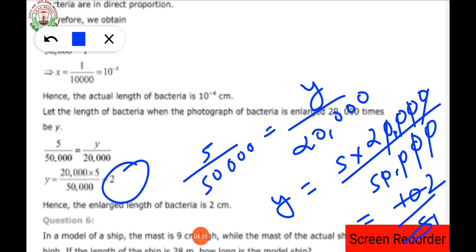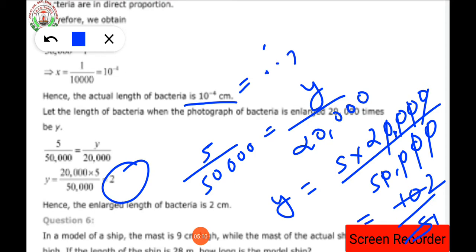So dear students, we have found the values of both x and y here. What is the value of x? The value of x we found is 10 to the power minus 4 centimeter, which is the actual length. And in the same way, the length of the bacteria when the photograph is enlarged 20,000 times is y, and the value of y we found is 2.